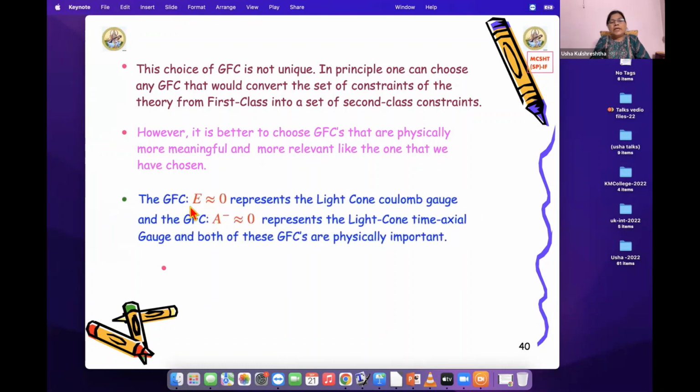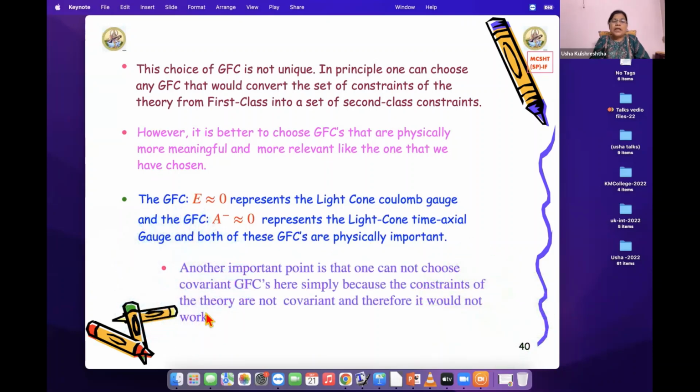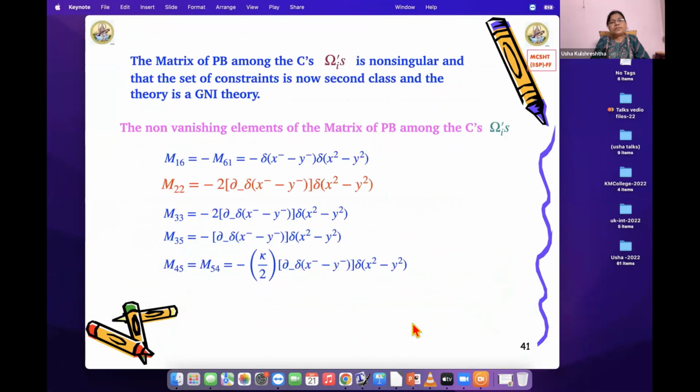Here, the light cone Coulomb gauge and the light cone time axial gauge are both physically important gauge fixing conditions. Another point I would like to mention is that one cannot choose a covariant gauge fixing condition here, simply because the constraints of the theory are not covariant, and therefore it would not work.